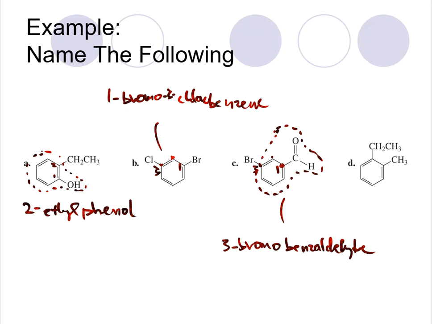Now, let's take a look at part D. Part D, I see a CH2CH3, which is ethyl. I also see a CH3, which is methyl. So in order for me to name this, I put them in alphabetical order, and that's the one I start with at position 1. So this is going to be a 1-ethyl, 2-methylbenzene. You might stop me and say, well, wait a minute.